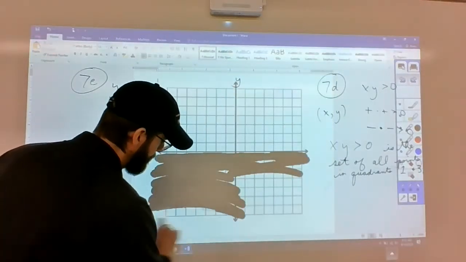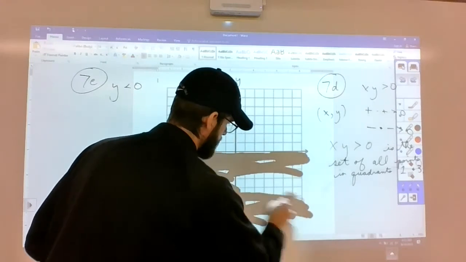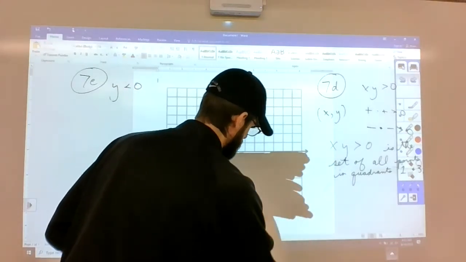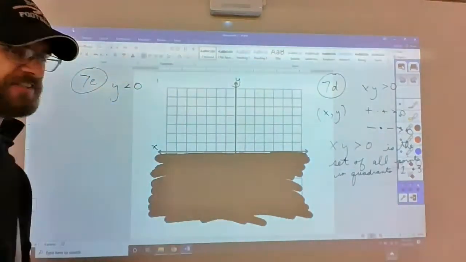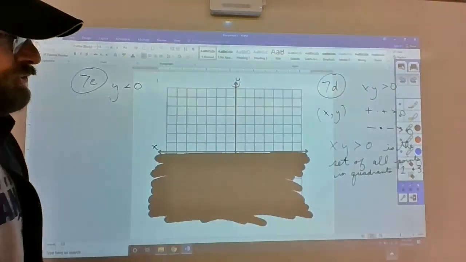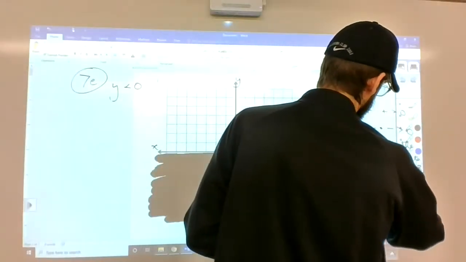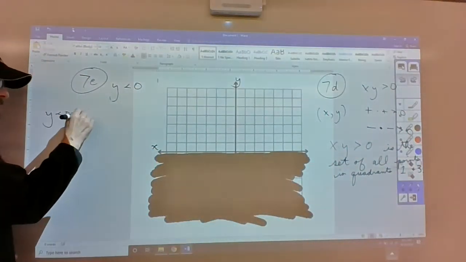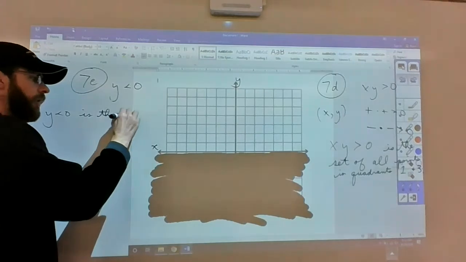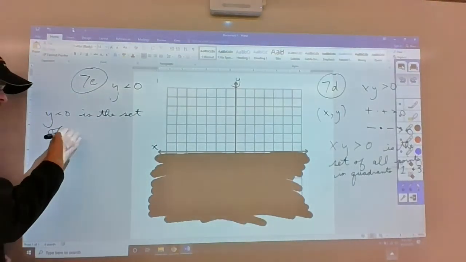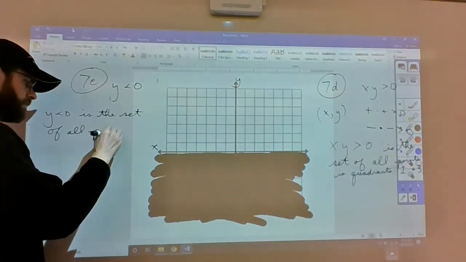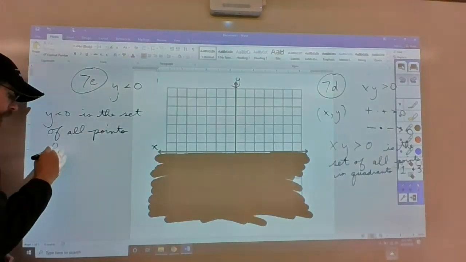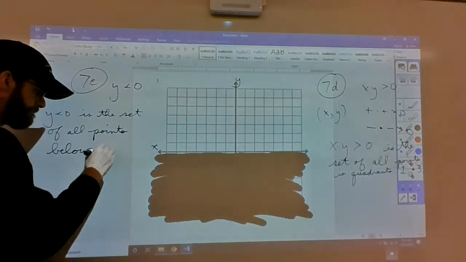Every point below the x-axis is going to satisfy that conclusion right there. So y is less than 0 is the set of all points below the x-axis.